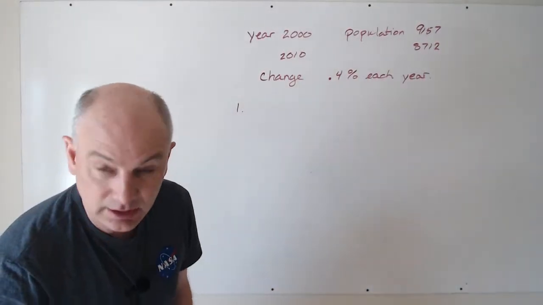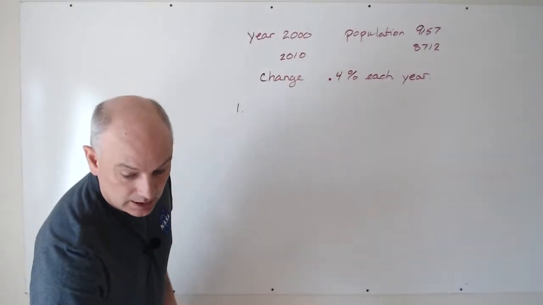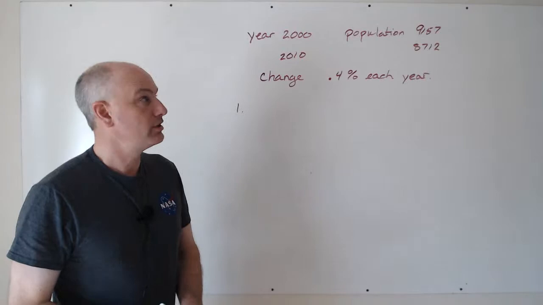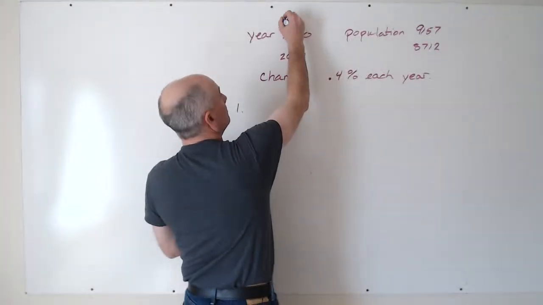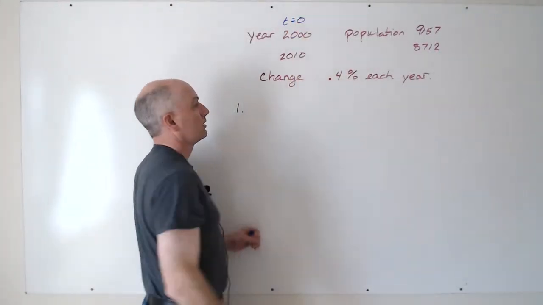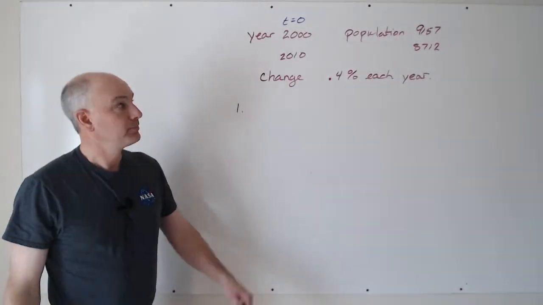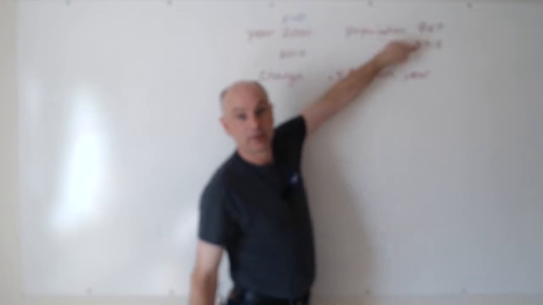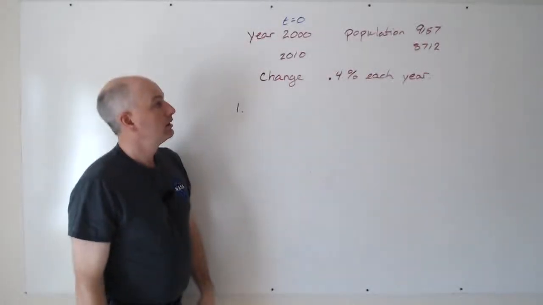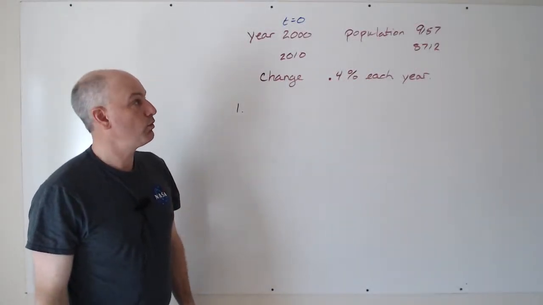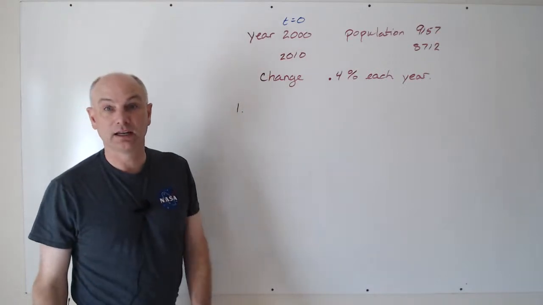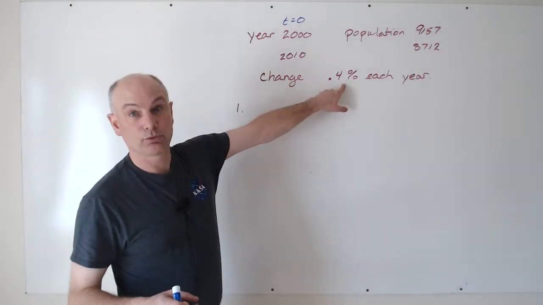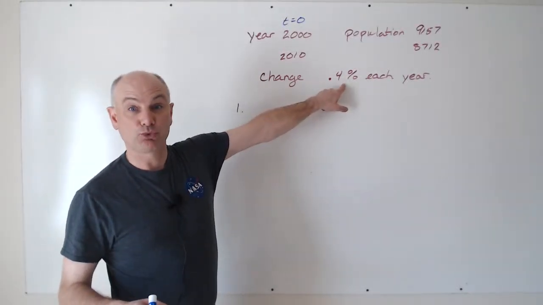Since they're saying t equals 0 is the year 2000, I have to look at what's happening. From the year 2000, I'm at 9157, going down to 8712 in the year 2010. That tells me what I need to do with this rate. That's going to be a drop.